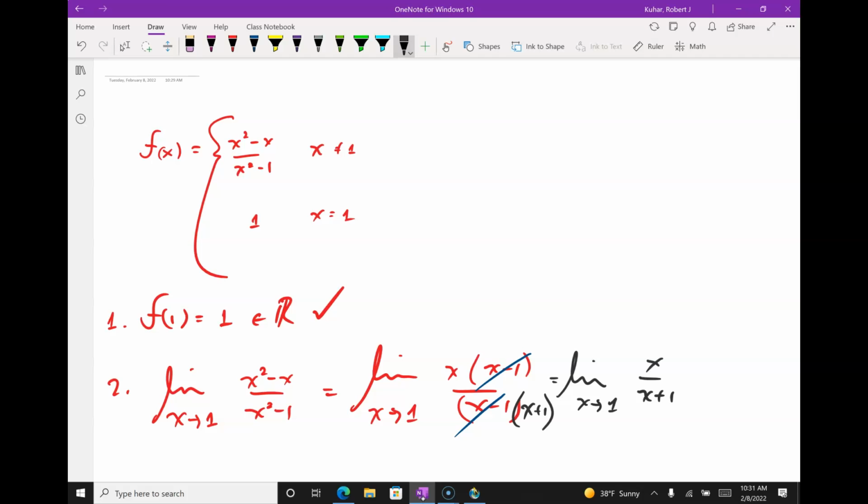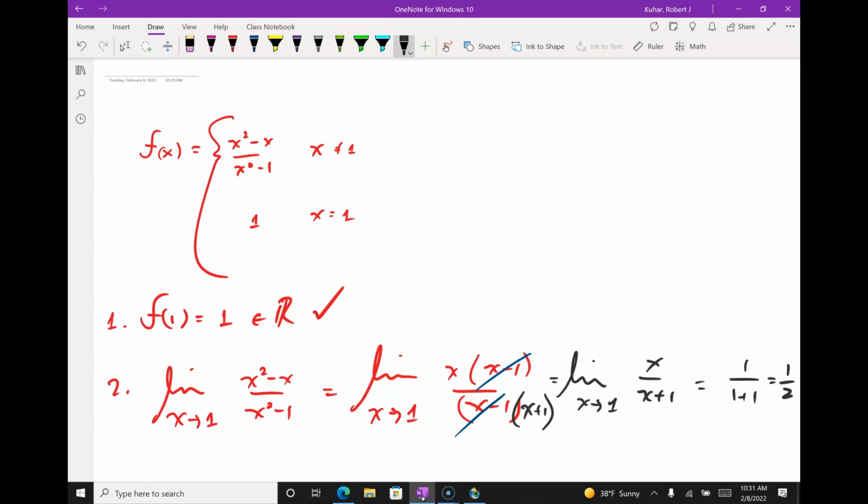Let me slow down a little bit, Robert. Slow down, Robert. So I'm doing my limit, right? Factoring the polynomial. Cancel the x over x plus 1. And now I can plug in. Notice when I plug in, I'm not writing the limit notation anymore. I get 1/2 back.